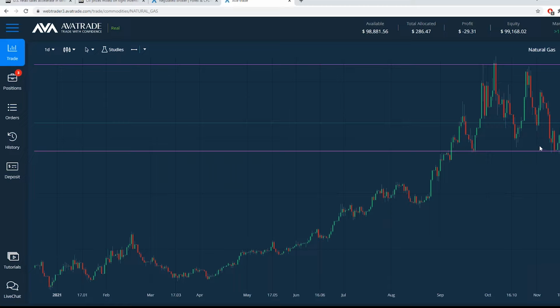So this is a confirmation of this support level holding, this bounce for the last 3 days. Now, you might say, I'd rather buy from closer to the support level. In that case, you put a pending order down here in case it comes back towards the support more. Obviously, you'd have been better off buying a couple days ago on natural gas, right? When it was closer to this support level. That was a great entry point back here. Doesn't mean it's not an okay entry point now.